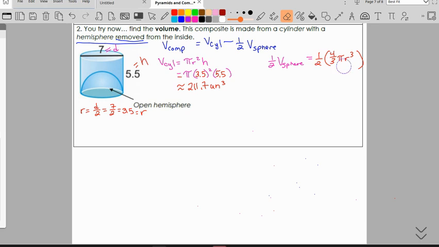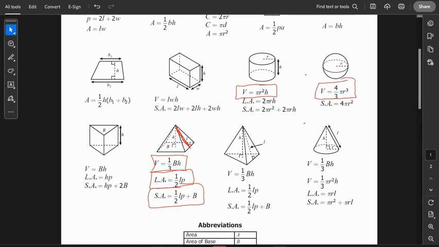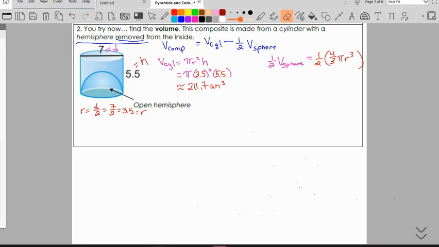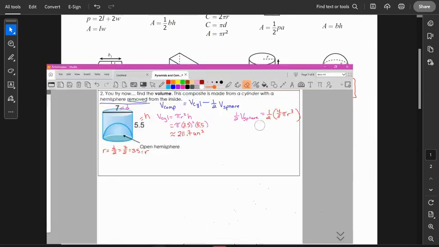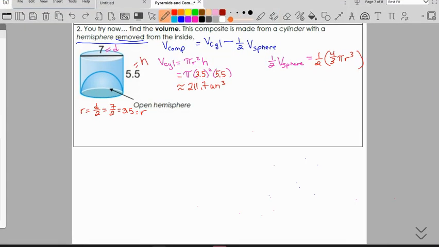So that's why I just went ahead and did it again this longer way, rather than using what it said. Okay, so let's plug into that. So that's going to be 1/2 times 4/3 pi times my radius cubed.